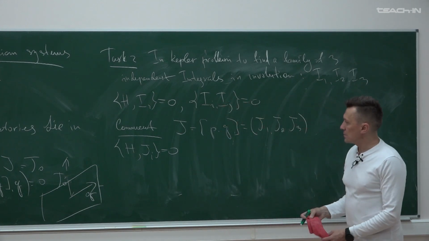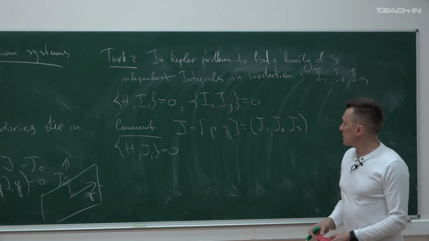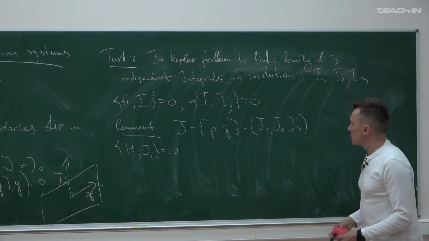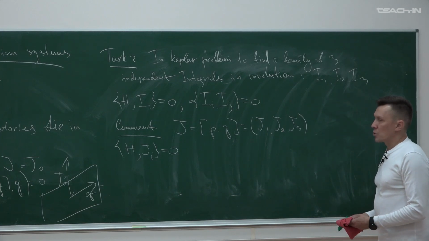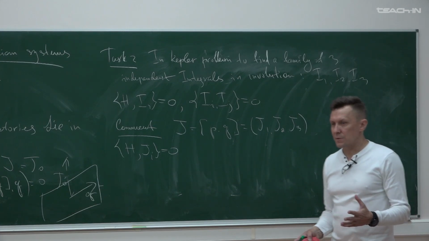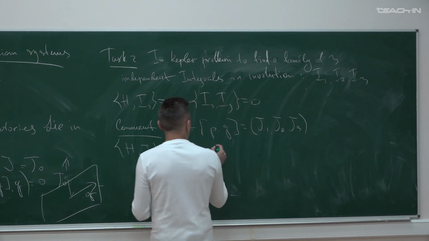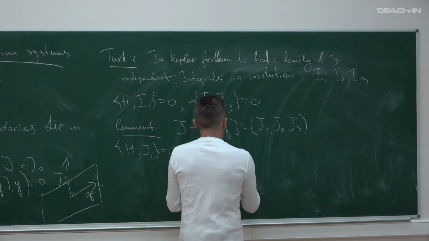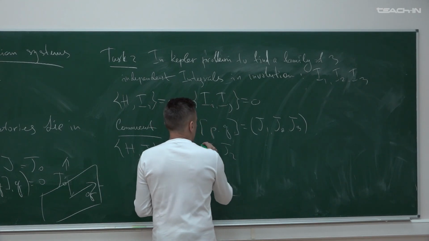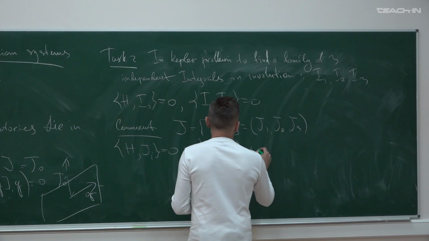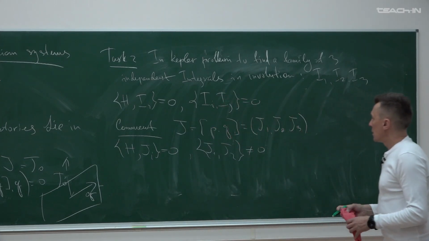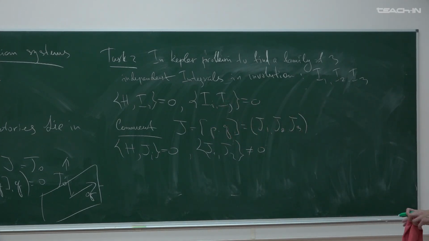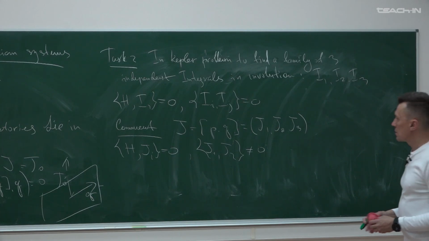So they are integrals, but they do not Poisson commute between themselves. The bracket of J1 and J2 is not equal to 0. So how to calculate it?